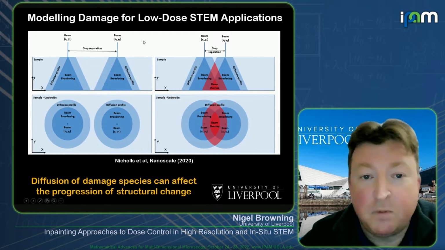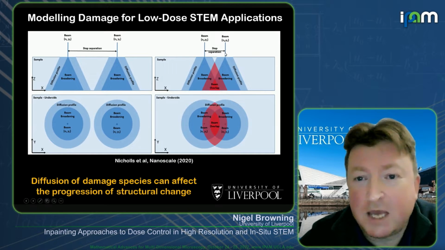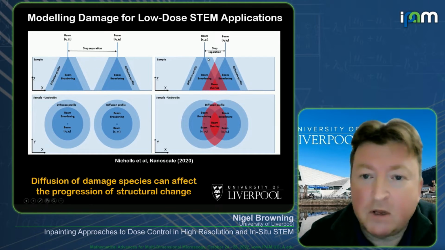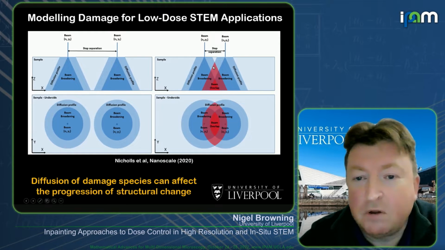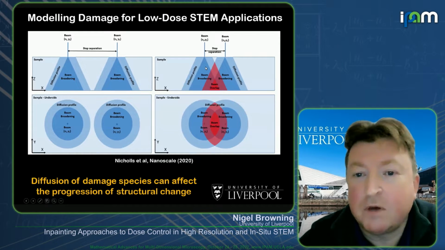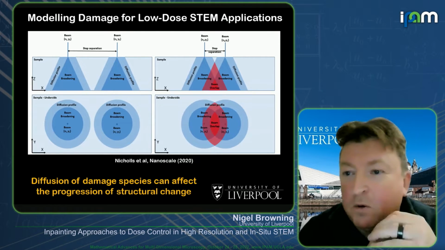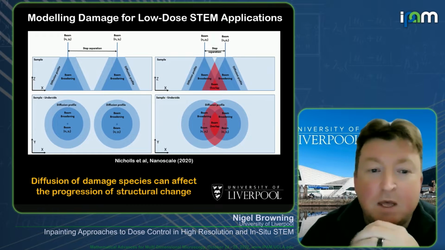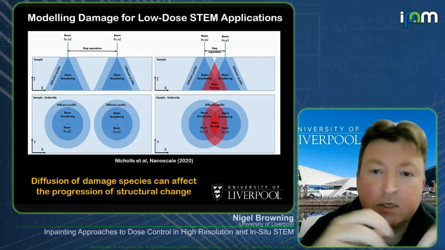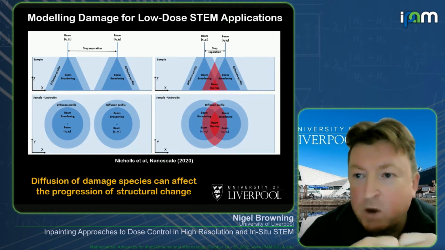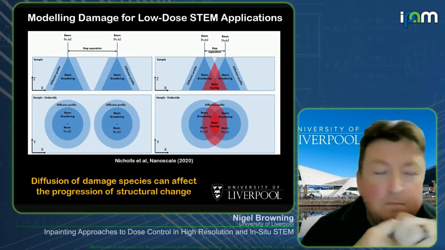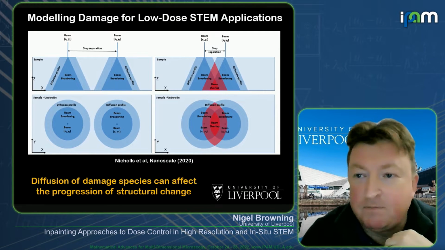And this is our scanned point, from point to point as we go across. If our scan is not moving far enough, then the nucleation of defects that we have at each point due to beam damage will start to overlap, and we'll get a blossoming or growing of the damage effect that we have in the sample. And so each one can actually interact to make a more deleterious damage effect.